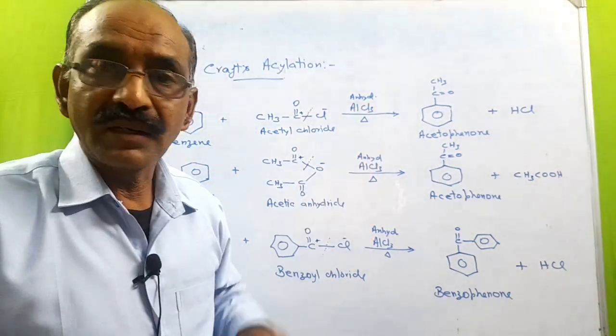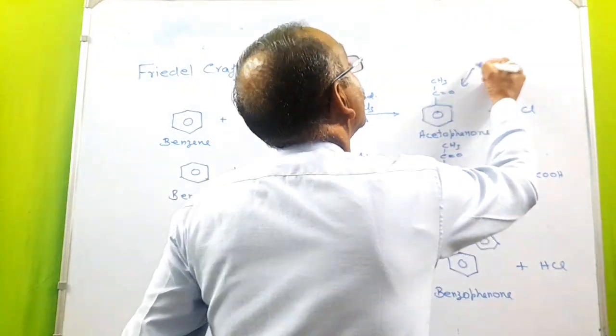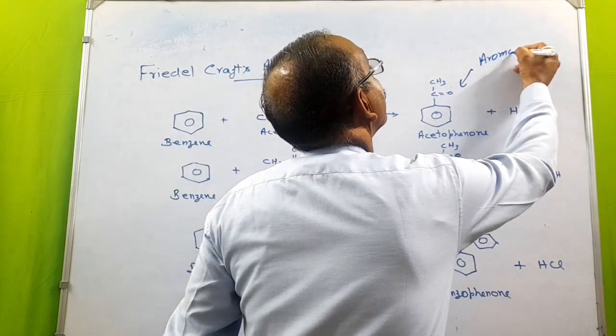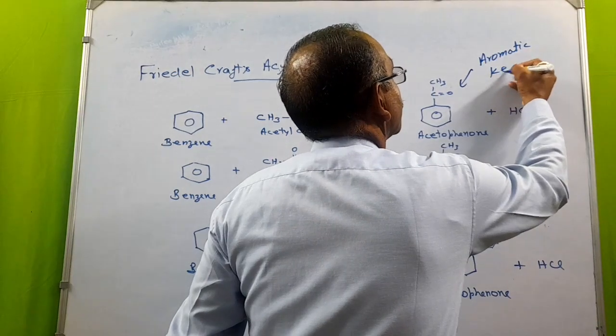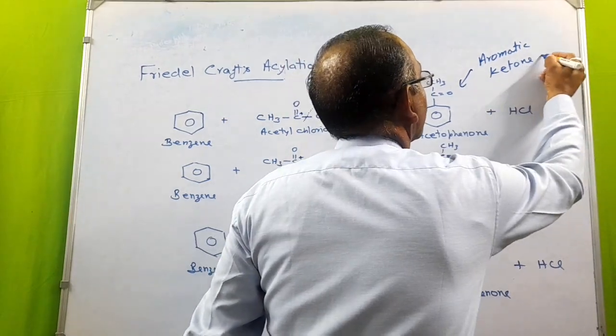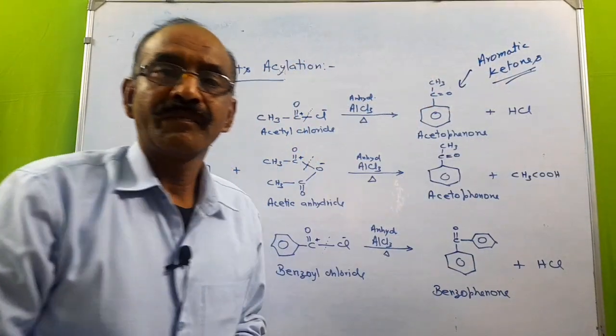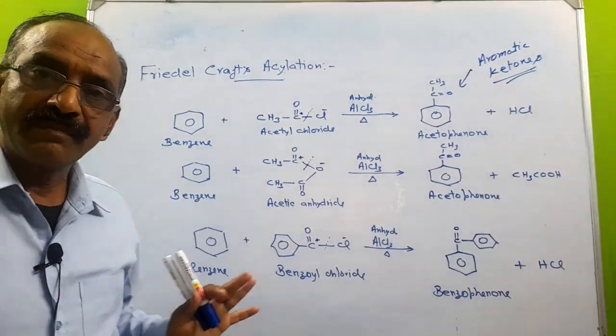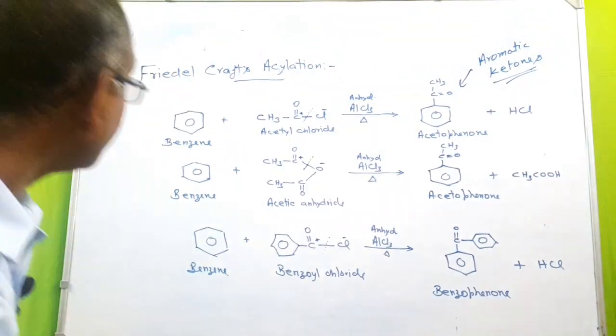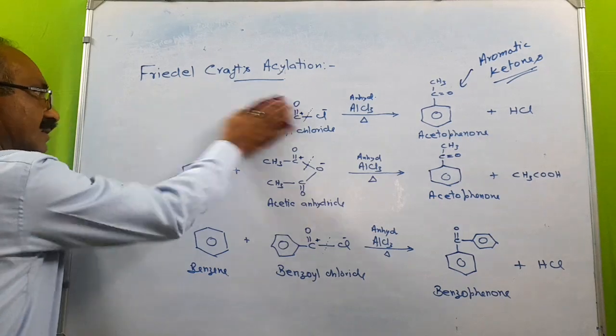So we obtain the aromatic ketones. Okay. Now we'll discuss the mechanism of the reaction, how the reaction occurs.